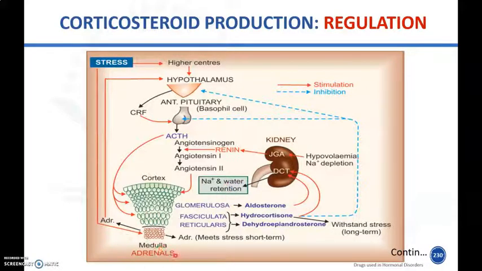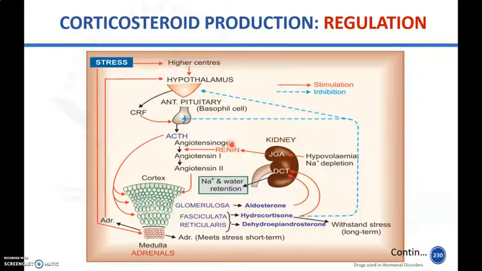Now, adrenaline is produced during fight or flight, when our body requires an emergency response. That will release adrenaline, and it will produce stress in the higher centers. That will again stimulate the hypothalamus, and the steps will follow as we mentioned before. So this is the regulation of corticosteroids.